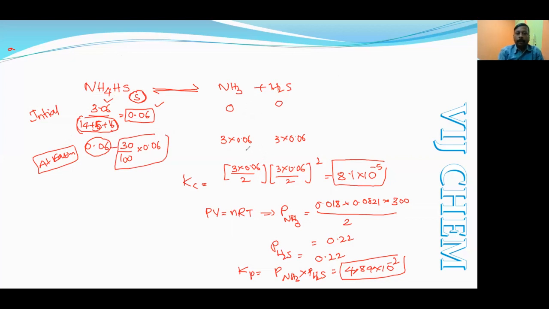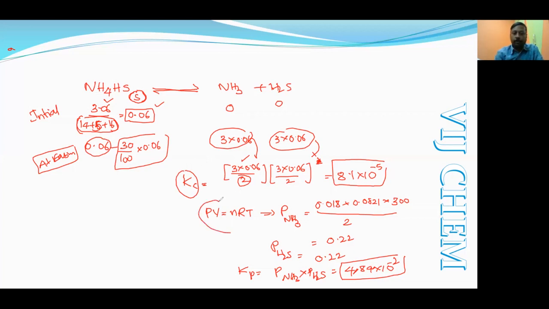Okay, it will be, I think, 0.018 something. Okay, this will be 3 into 0.06. Now, Kc is equal to moles divided by volume of container, which is given as 2 liter. Okay, so this divided by 2, this divided by 2. On simplification, you will get Kc value. Okay, I'm not going much into the depth of the calculation. Just the procedure I am explaining to you.